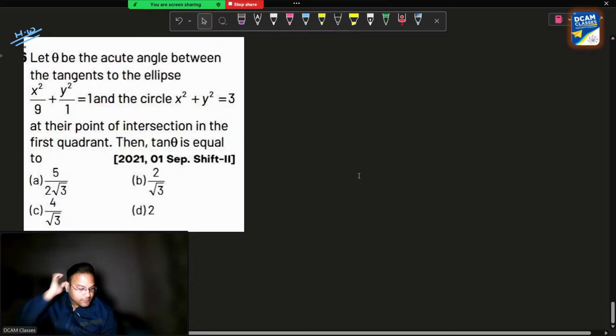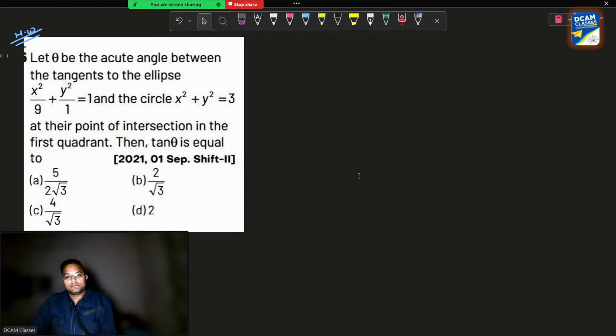Probably in the next class I'll complete this ellipse. Sir, after ellipse, we have hyperbola. After that, rectangular hyperbola is very small. After that, hyperbola, and then it's over.